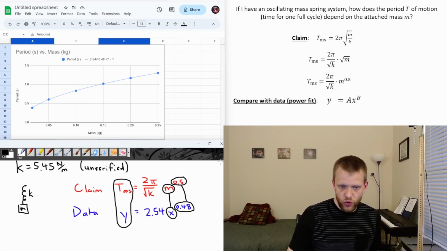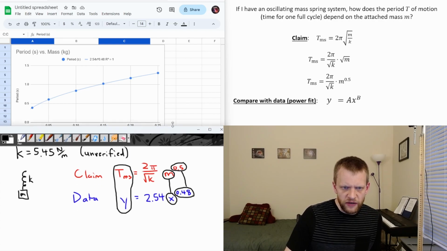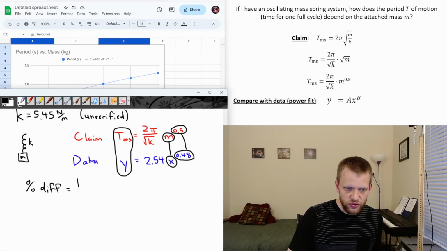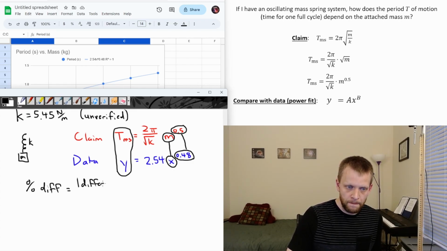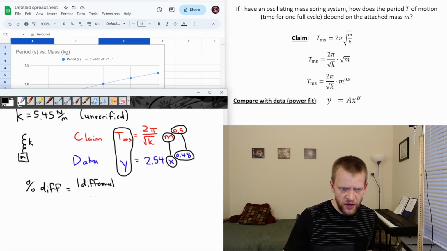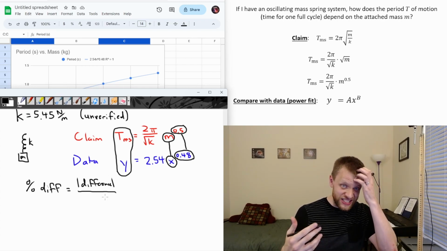And we can even do a percent difference calculation. Let me move this up so I have a little bit more room to work. The version I'm going to use is the difference between my proposed and theoretical quantities, divided by the theoretical quantity, what we would expect to get.